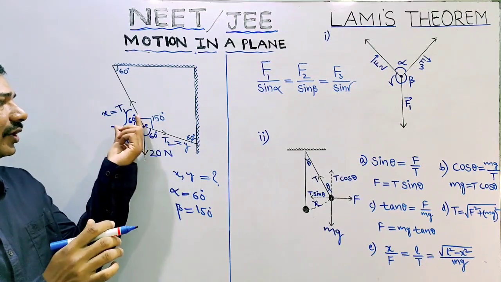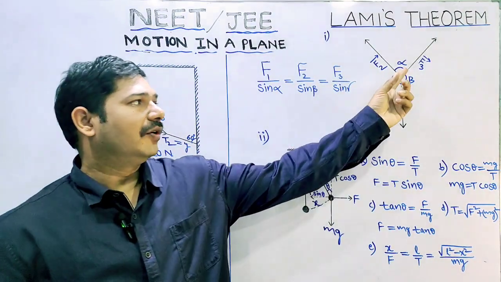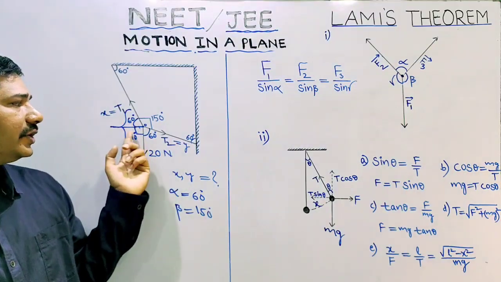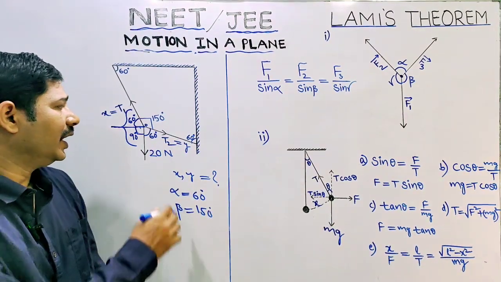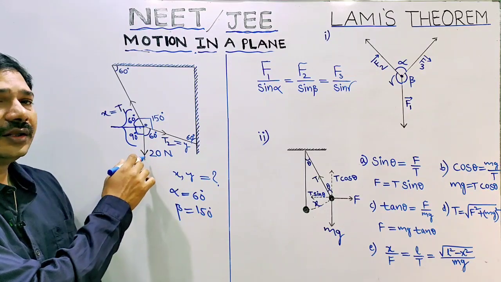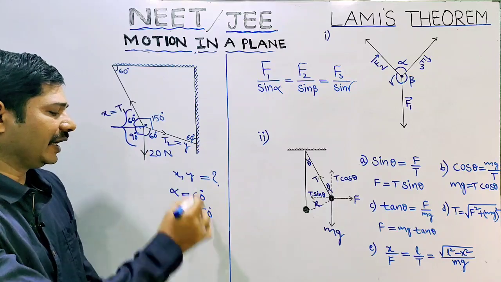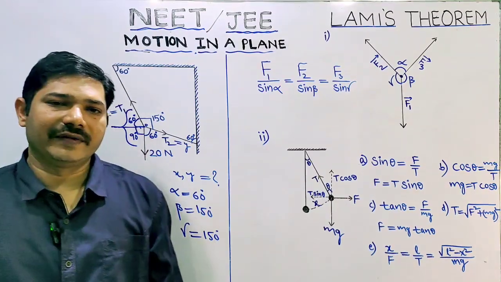Remaining is the weight that is given, so that is gamma, which is also 150 degrees.